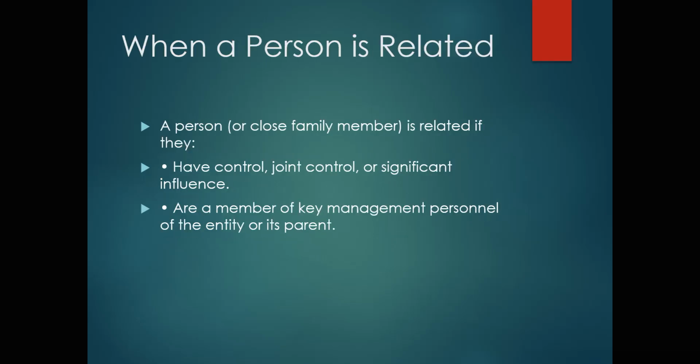So, when do we say a person is a related person? How do we classify someone as being related? According to IAS 24, a person or close family member is related if they, one, have control of the company or the business. If you are operating as a joint business together, you both have joint control, then they are related to you.